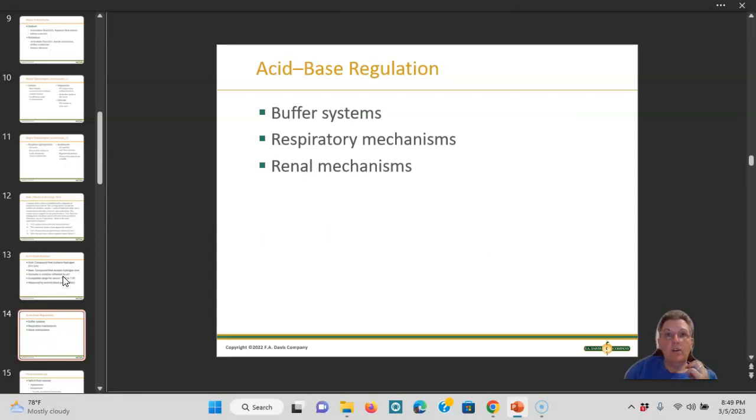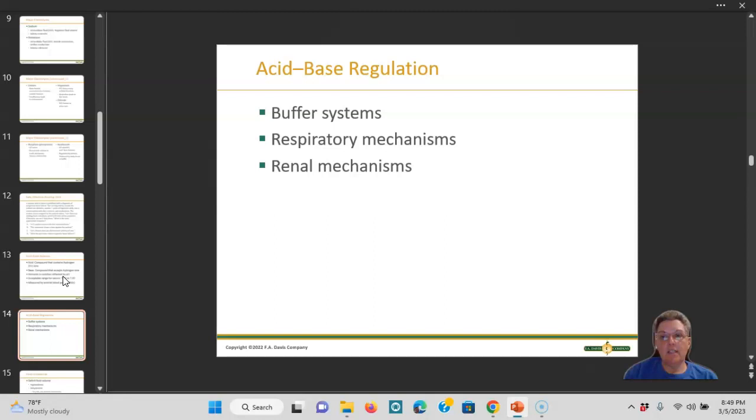So then you have two systems which come to help you: the respiratory system and the renal system. The respiratory system will come faster. The renal system will come later and clean up. Consider that we have buffer systems in our blood to help us with this.